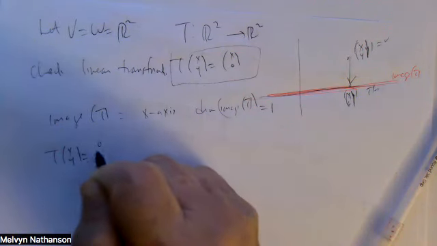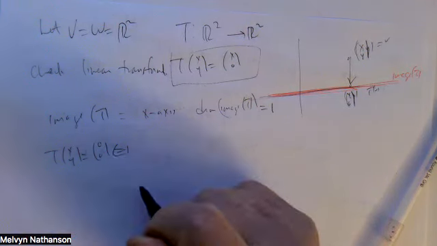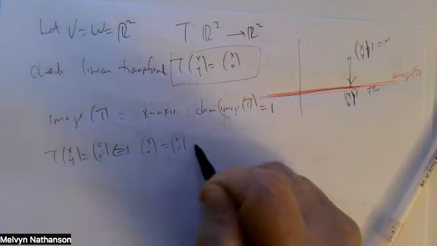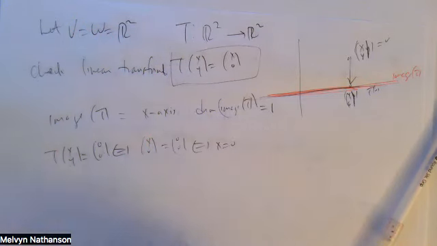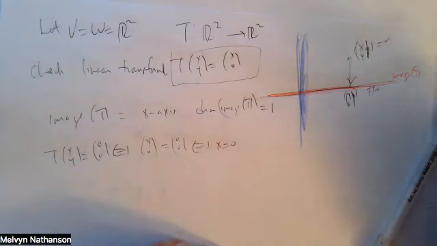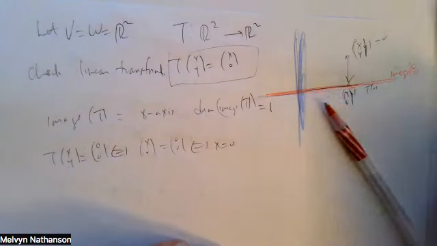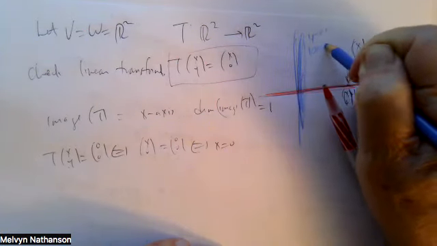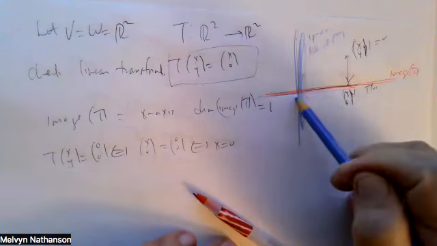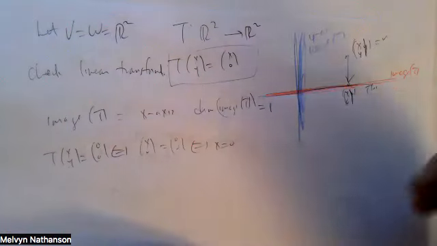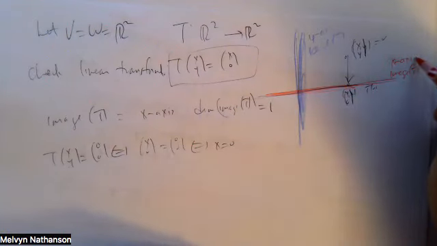T of (x, y) is (0, 0) if and only if (x, 0) is (0, 0), if and only if x equals 0. The line x equals 0 is the y-axis. So the y-axis is the kernel of T. All the points that get projected onto 0 vertically are the points on the y-axis. The image of T is the x-axis.